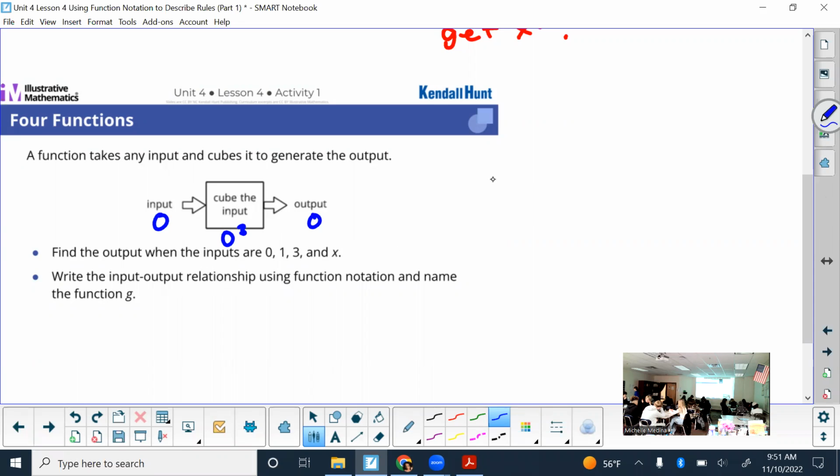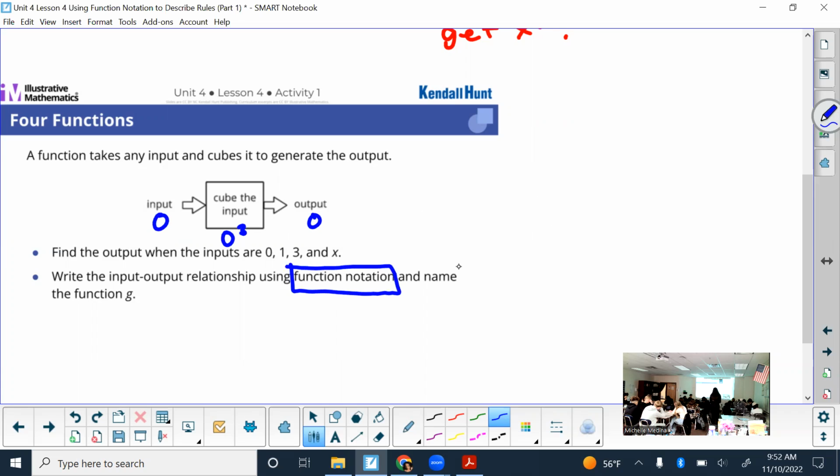Then we're gonna write that using function notation. And they want us to name the function g. So what does that mean? If I need to write this using function notation and name the function g, what does that mean? Well, it is 0, but I just have to show it using function notation. You guys remember that?